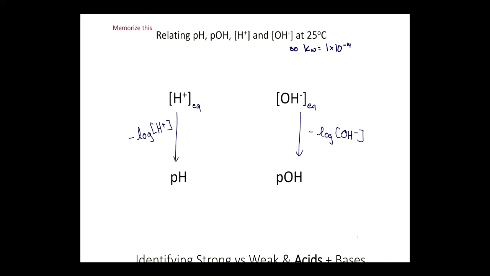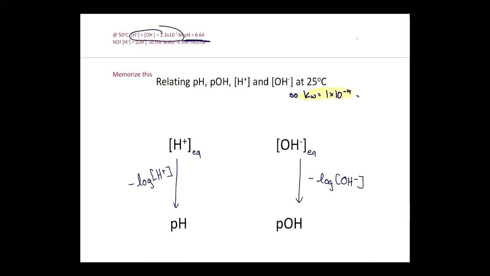So all aqueous samples have a set amount of H+ and hydroxide, where the product of those two values is always equal to the Kw, so big K, of water at that temperature. 99% of the time in this class, we are going to be working at 25 degrees Celsius. That means that Kw at this temperature is 1 × 10 to the -14. That Kw expression comes from the self-ionization of water, which I talked about in the previous slide.